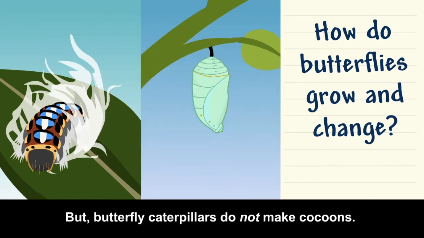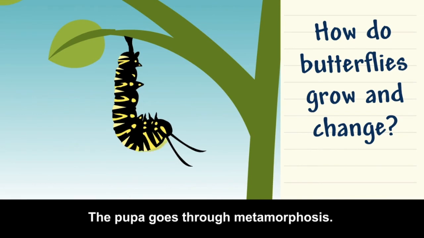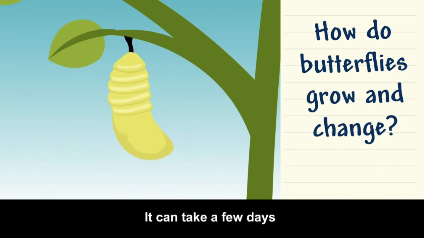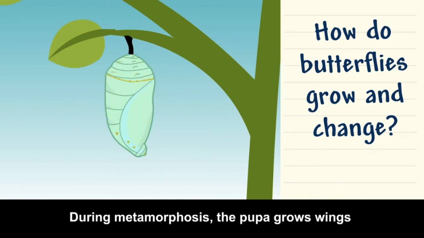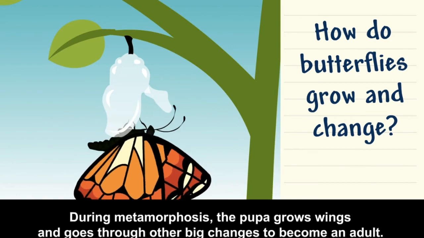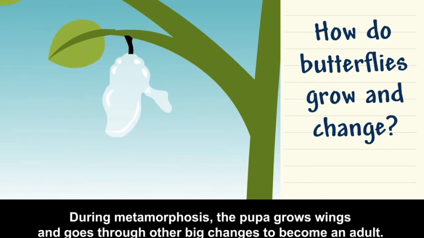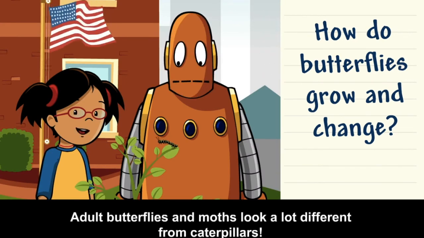But butterfly caterpillars do not make cocoons. The pupa goes through metamorphosis. It can take a few days or even a few weeks. During metamorphosis, the pupa grows wings and goes through other big changes to become an adult. Adult butterflies and moths look a lot different from caterpillars.